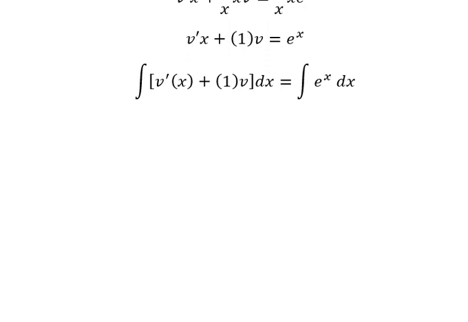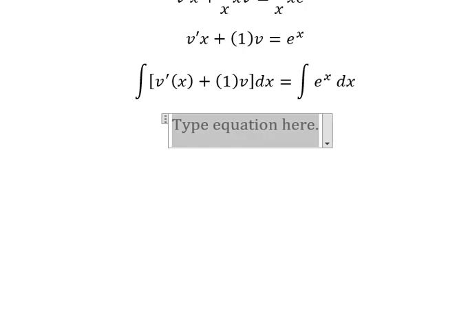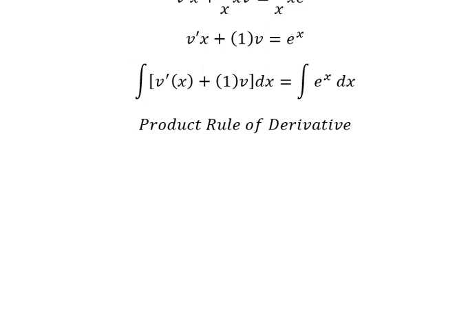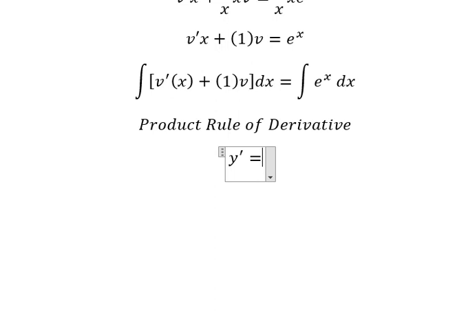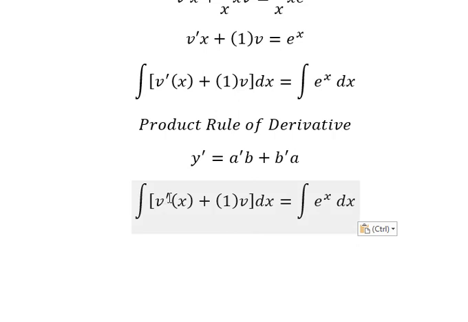Later that we need to use the product rule of derivative. So we have first derivative of y equals to first derivative of a multiplied by b plus first derivative of b multiplied by a. So this one we have first derivative of a multiplied by b.